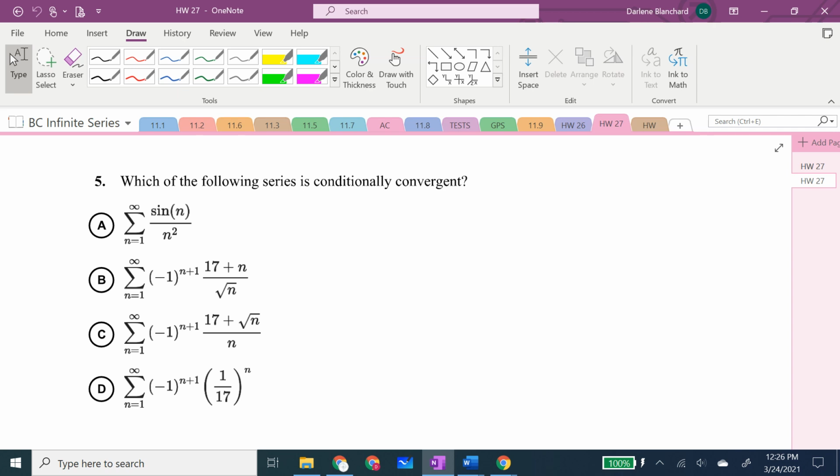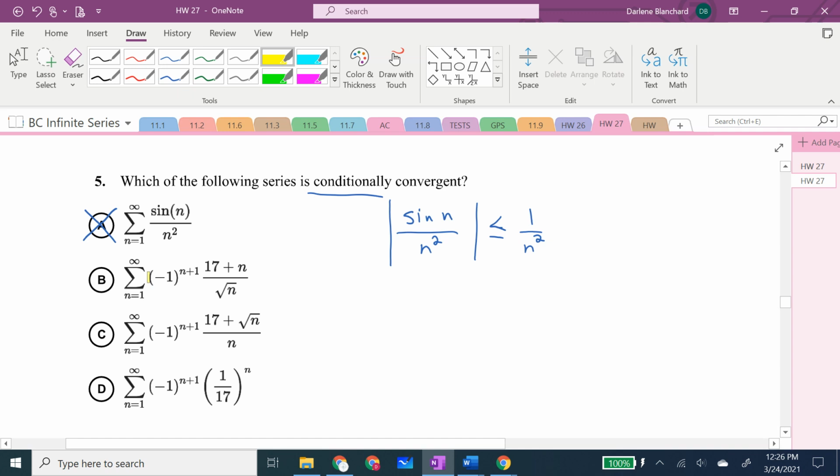When I look at sine n over n squared, I know that its absolute value is less than or equal to 1 over n squared. Then I'm going to get absolutely convergent because I had to absolute value those and see that it's less than a p series. So it converges, but it's not conditionally convergent.